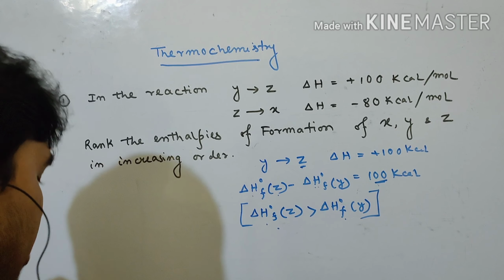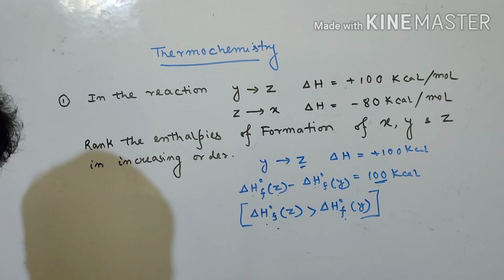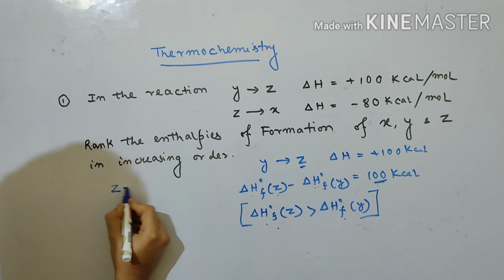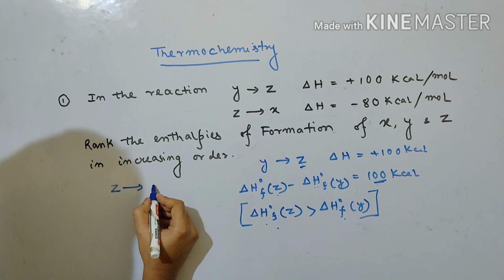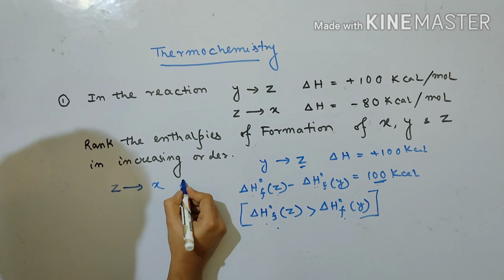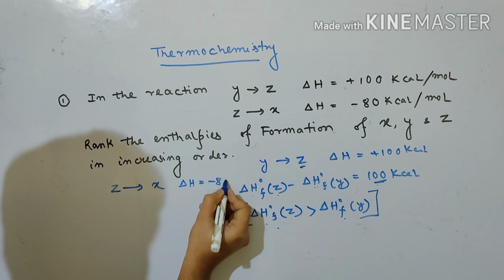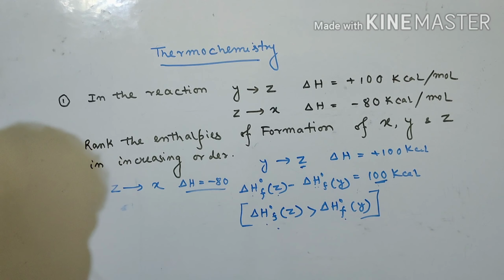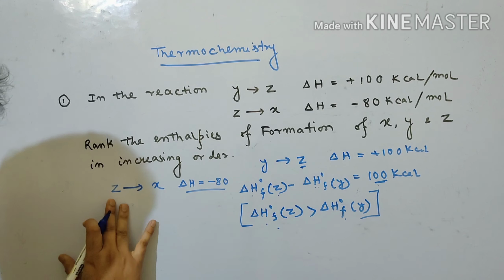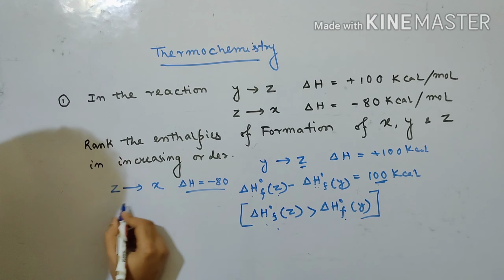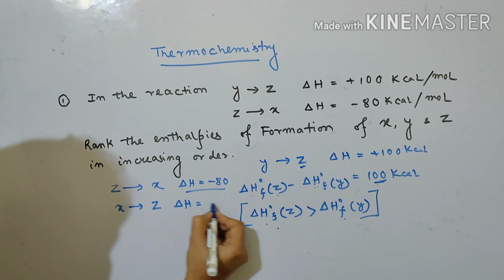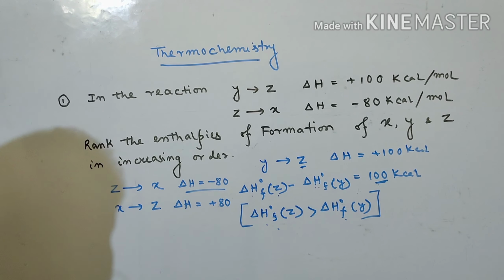Now let us talk about the order when these values are given. Z is converting into X and delta H is given as minus 80. I am not writing kilocalorie and all. According to the laws of thermochemistry, if the forward direction is minus 80, then in the backward direction, the opposite way, delta H should be plus 80.